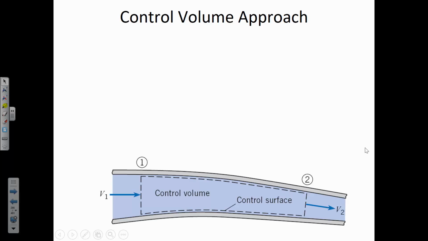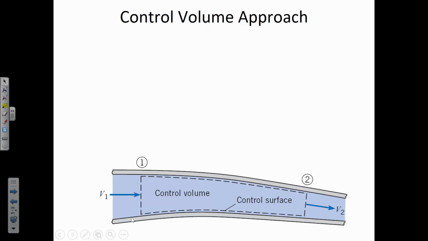One of the things that the textbook talks about in chapter 5 is the idea of the control volume approach. And the control volume approach is just a really detailed way of accounting for flow and where it is at any given time. The idea is that we're going to be studying a system and its location in space over time. And so to do that, we can define a control volume that's enclosed by an outside control surface.